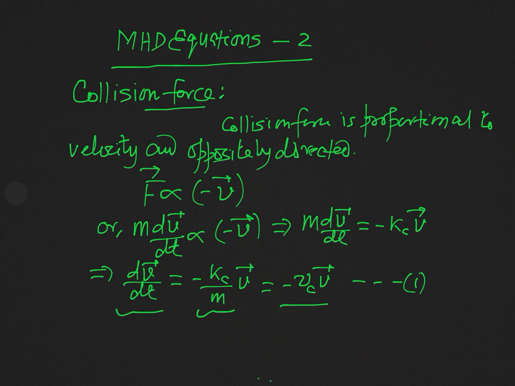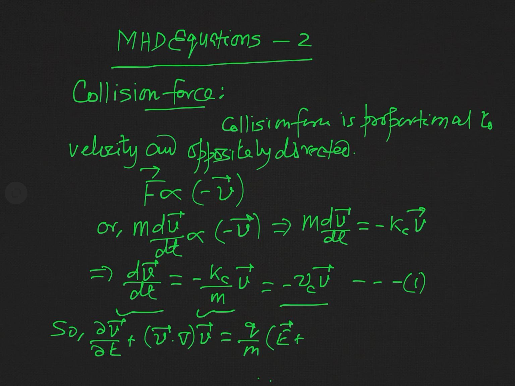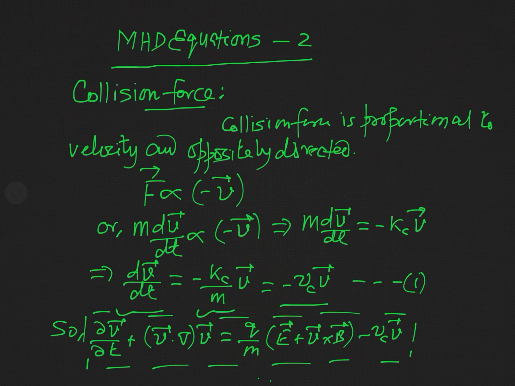That will be del V by del t plus V dot del V equal to Q over M into E plus V cross B, minus nu c into V. This will be the momentum equation if one considers that only the electromagnetic force and the collision force are acting.